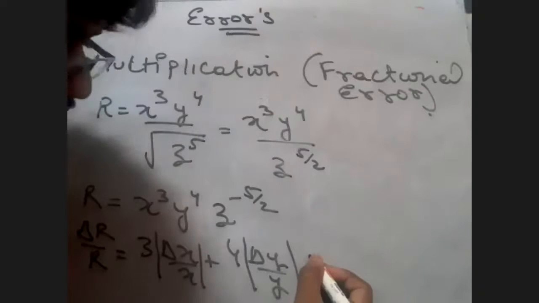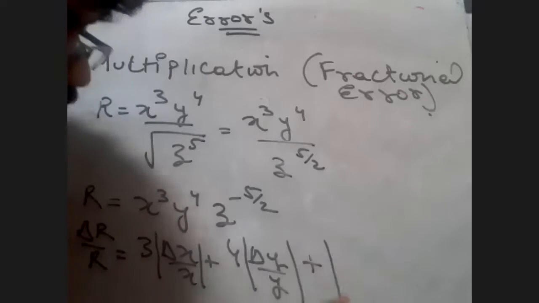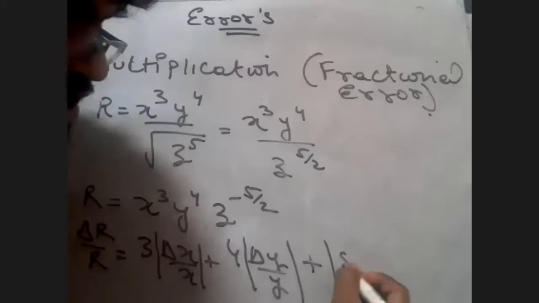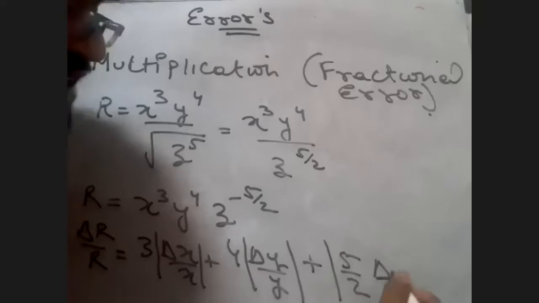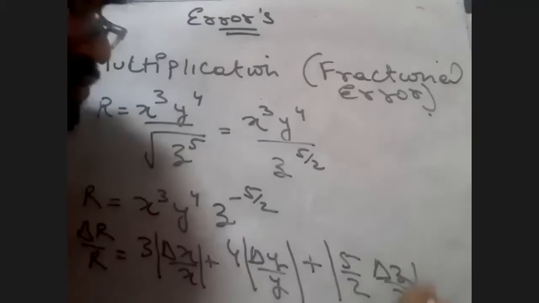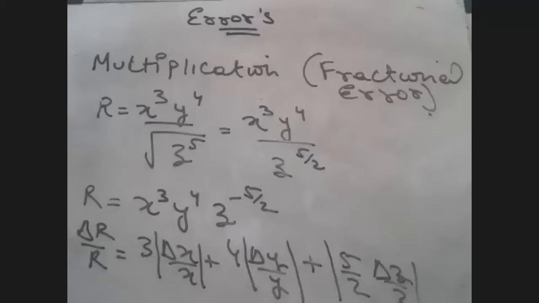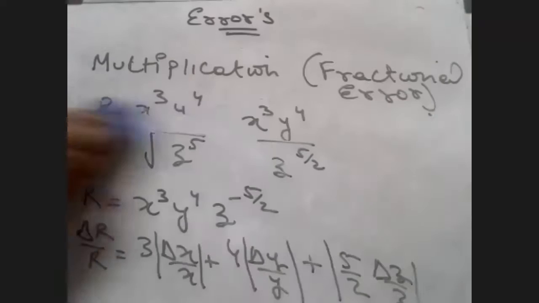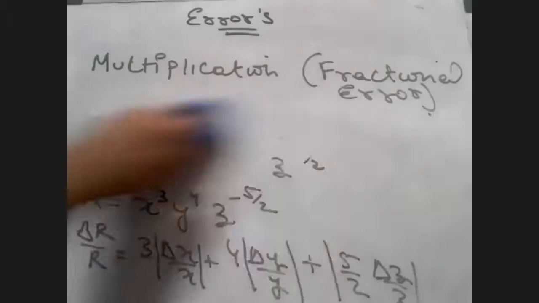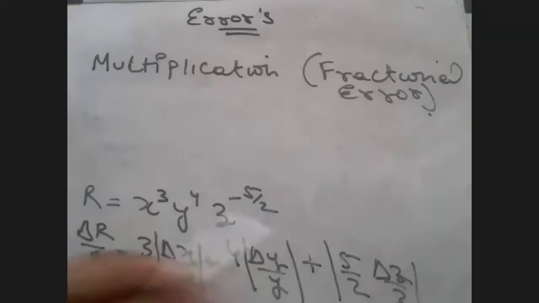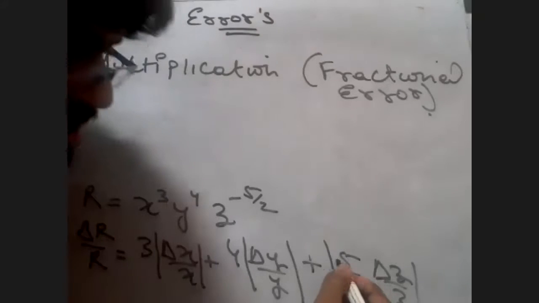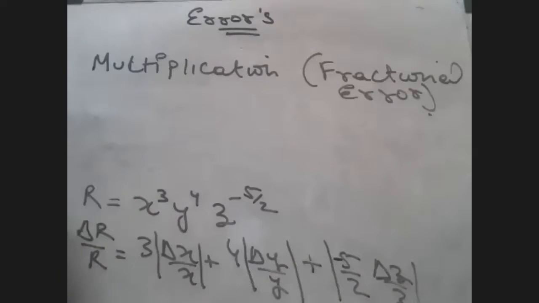So here I will take plus. I will put this 5 by 2 inside the mod function, and I will write delta z by z. So what happened here? Sorry, it is going to be minus 5 by 2, isn't it? Yeah, it is going to be minus 5 by 2.